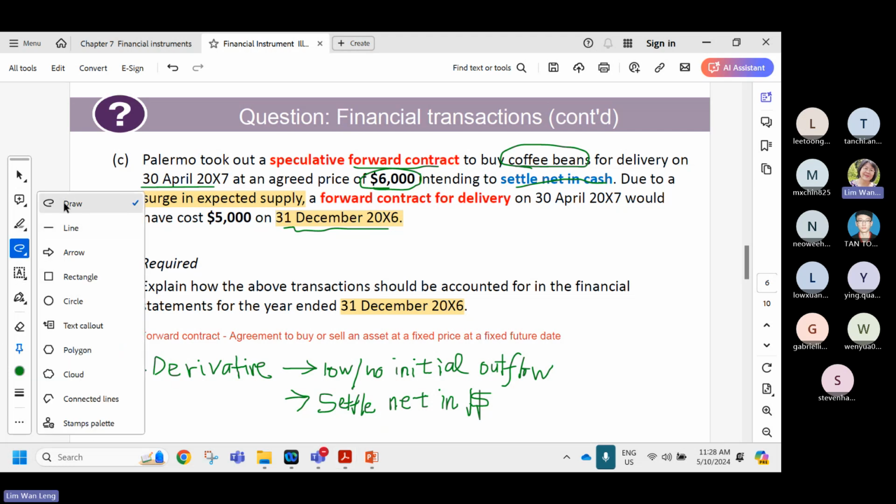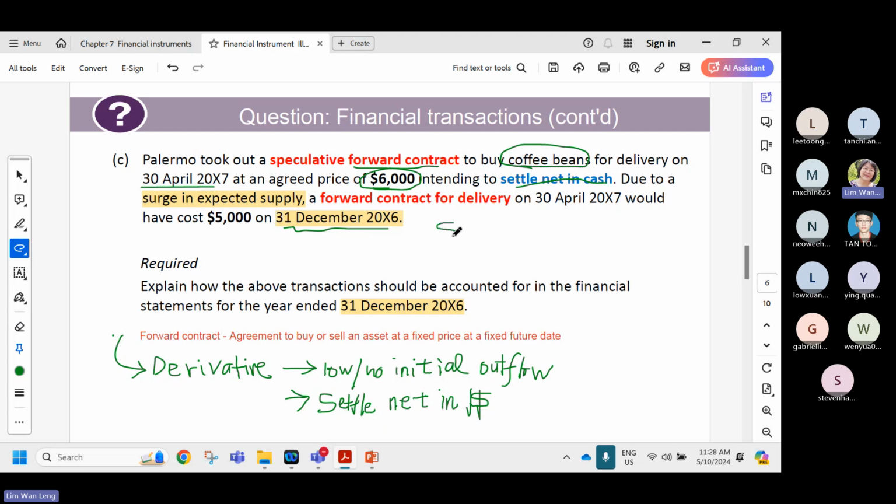All right. So when supply increases, what is going to happen to the price of the coffee beans? The price will drop. So when the price drops, if you were to enter into a forward contract on 31st December X6, you only need to pay 5,000.